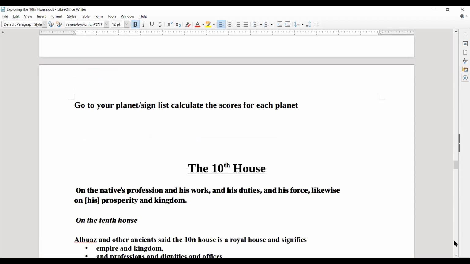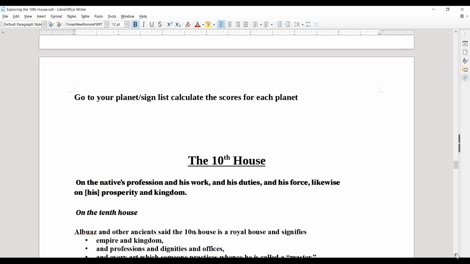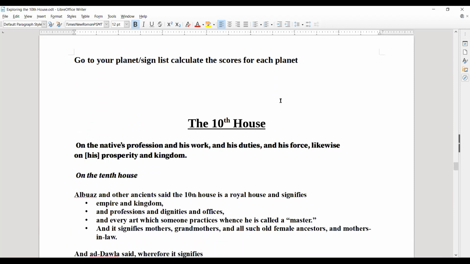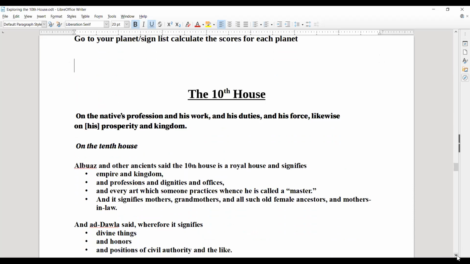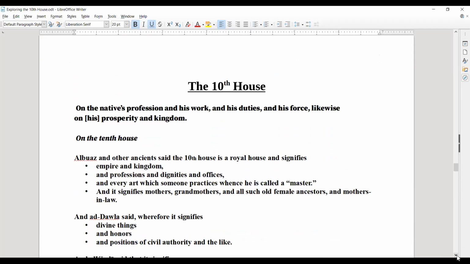Okay, now moving on to the 10th house. So this has been a compound lesson. I did this lesson for 2 reasons. One is because there's stuff coming up that I want you to be able to keep up with me on, and you need to know it. There's just no way you're going to be able to do it without knowing it.